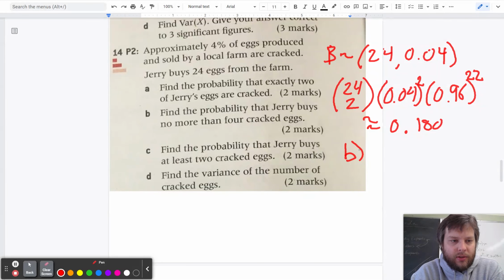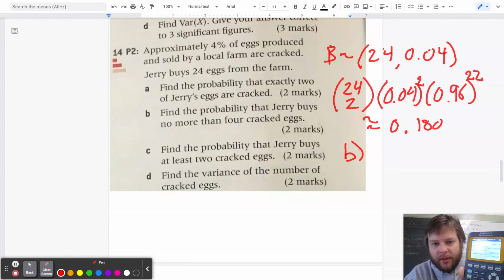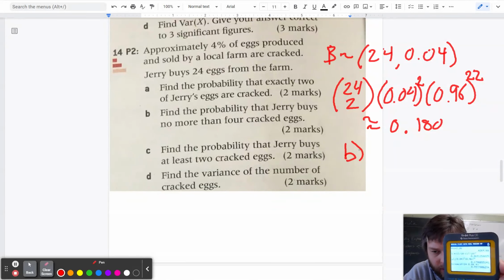So we're going to type in 24 trials with the probability of 0.04 and no more than 4. So that would be the probability of 0, 1, 2, 3, or 4. We're going to type in an x value of 4 and see what that spits out. And that says a probability of 0.9977 right there.